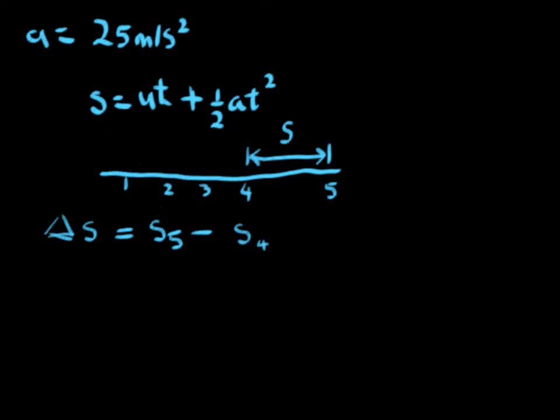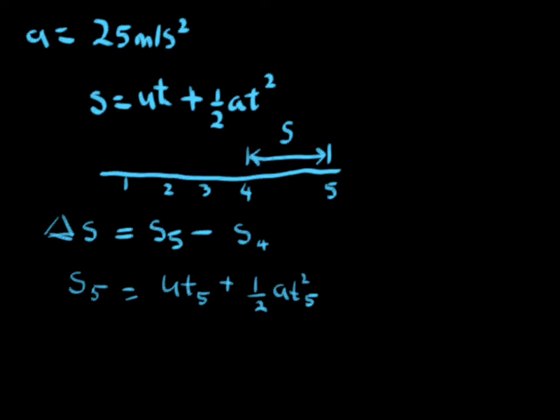So we have that the distance in the fifth second will be given as ut in the fifth second plus 1 over 2 at square, still in the fifth second.